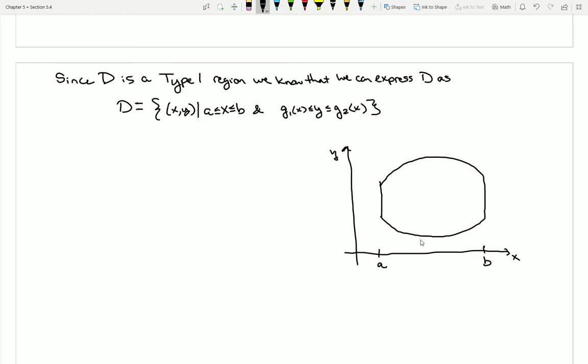This bottom function down here, I could refer to as g1 of x, because that's the bottom value for y, and up here this top function is g2 of x. So this is possibly what the region D might look like. I'll refer to this whole space in here as my region D.